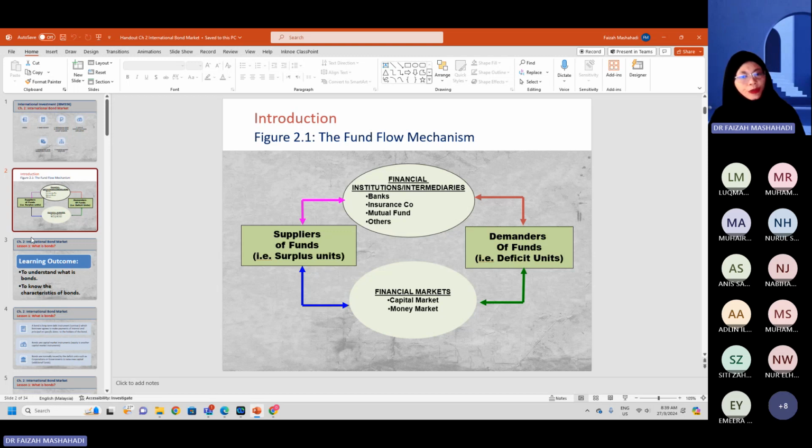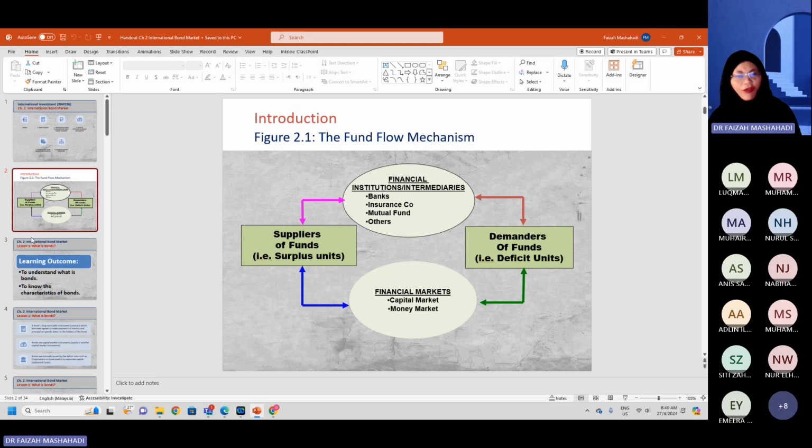Is it possible for these two groups to have a direct relationship? The demander of funds can target a specific supplier to give them some amount of money, for example, for the future expansion of the business. Is it possible without involving the financial institutions or intermediaries?